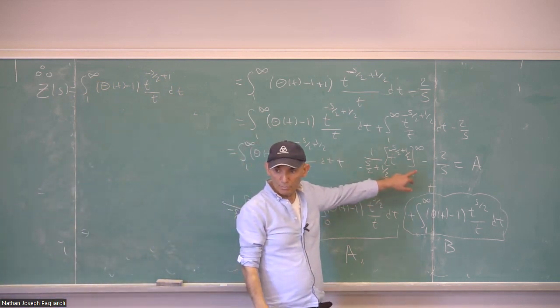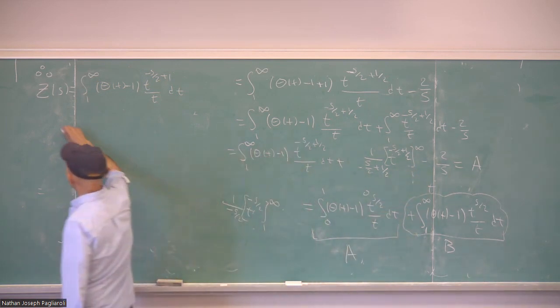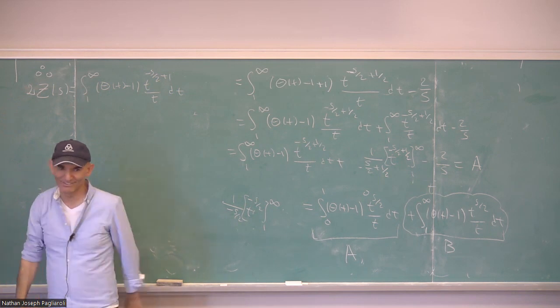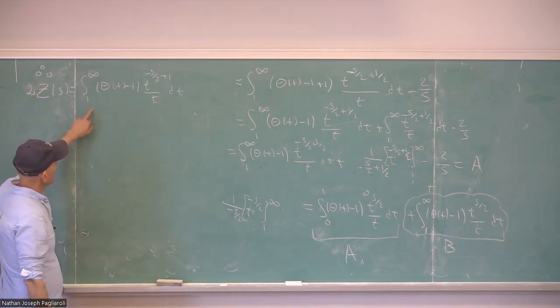Let's compute this term. Oh, 2 Z of s, yes. Very good, thank you. It's 2 Z of s is equal to this.